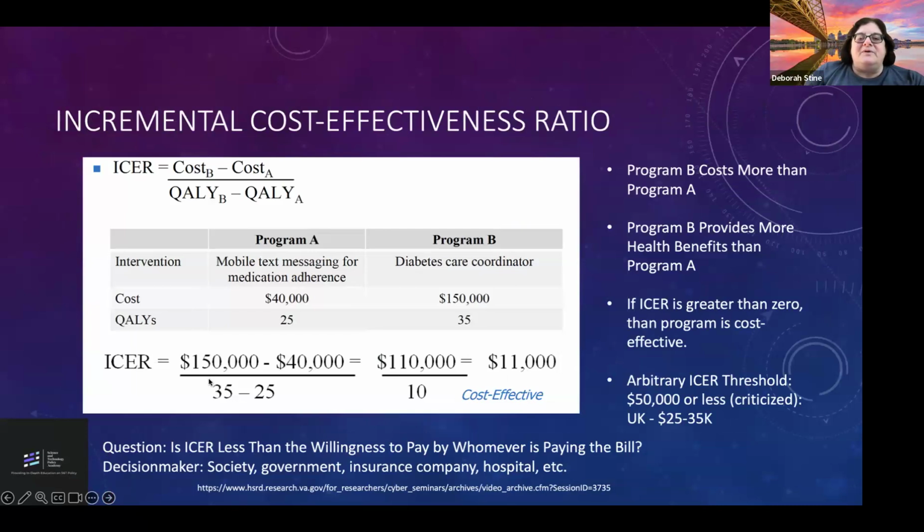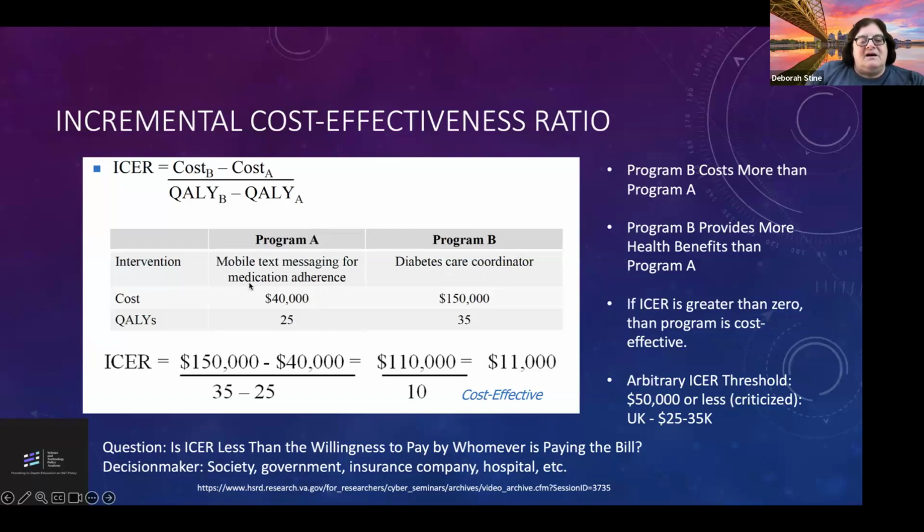So here's an example of two programs. In program A, the intervention was mobile text messaging to encourage people to take some sort of medication for diabetes. The other one was having a real person do it, a diabetes care coordinator.